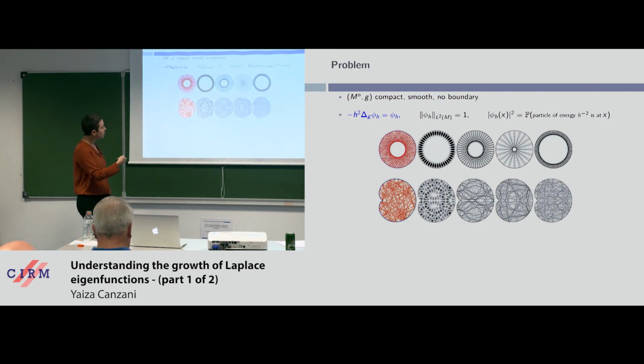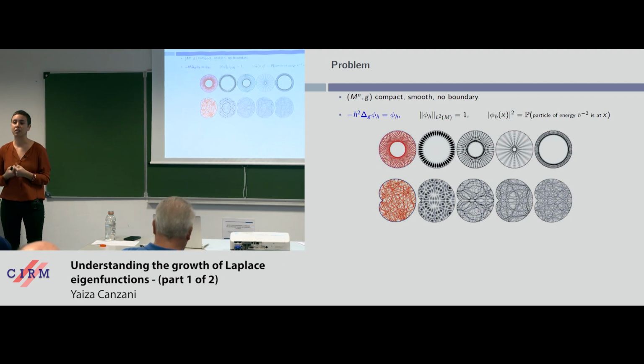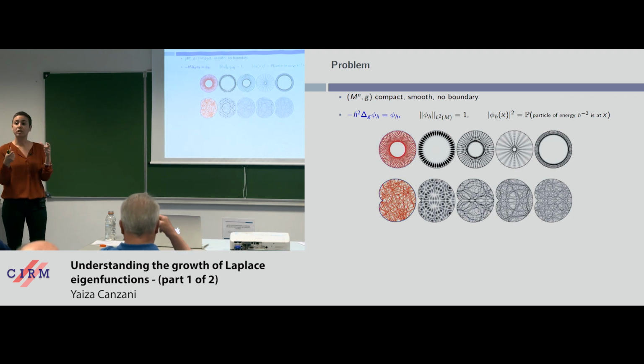While here in the cardioid, the probability of finding the quantum particle in any portion of the cardioid seems to be proportional or completely determined by the area of the region that you're trying to understand.